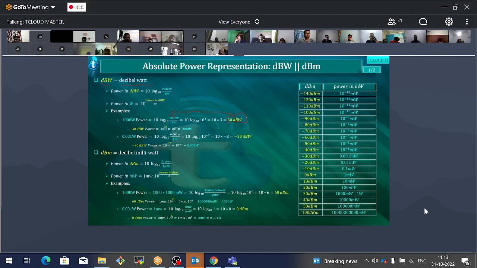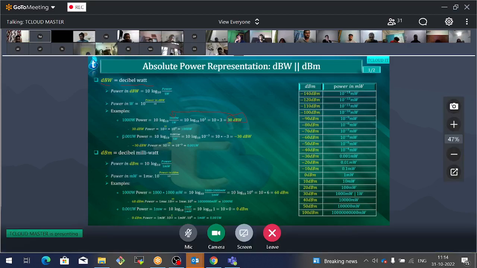Typically, logarithmic values are used to represent bigger scale values on a very small scale. Even a large watt value can be represented with a very short number in this logarithmic representation, because it's a 10 power representation basically.